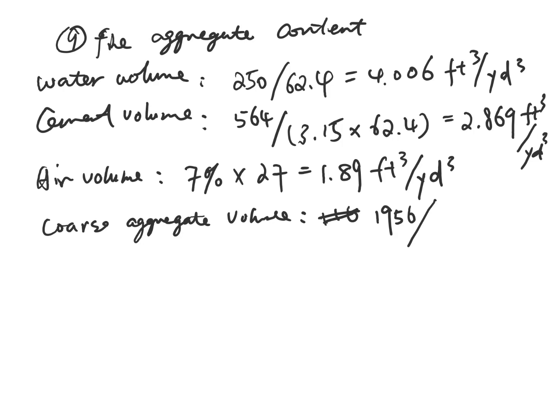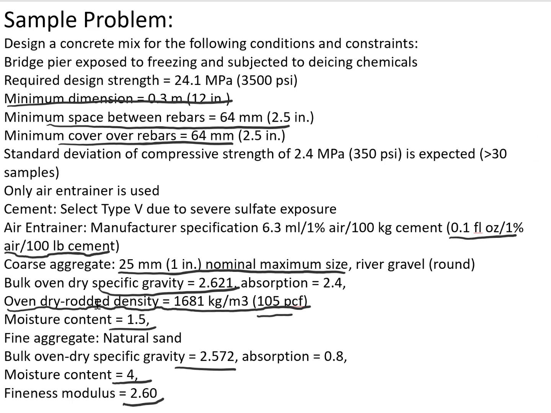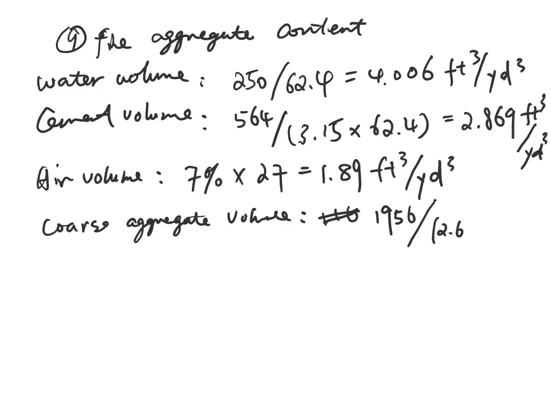So in this question, we know the specific gravity of coarse aggregate is 2.621. So it's 2.621 times the unit weight of water, 62.4. So this will be the volume of coarse aggregate. If you calculate this value, it's 11.96 cubic foot of coarse aggregate per cubic yard of concrete.